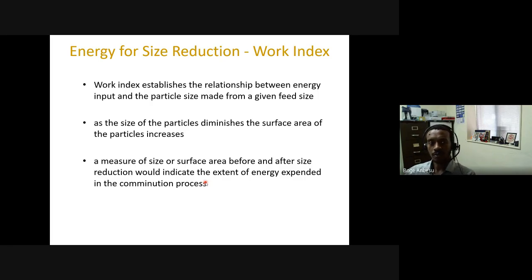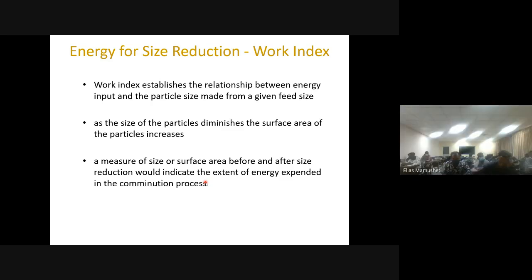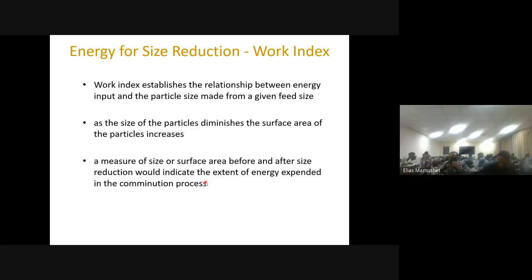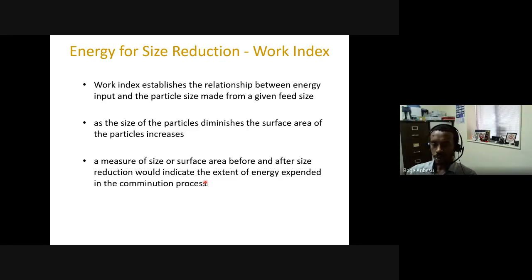Okay, so in this case, as I crush it, I know I'm making it smaller, I know I'm making more surface area, and that actually is associated with more energy consumption. People already figured that out many years ago, as I said, more than 100 years ago. So you can relate energy required during comminution to the new surface area that you are producing.